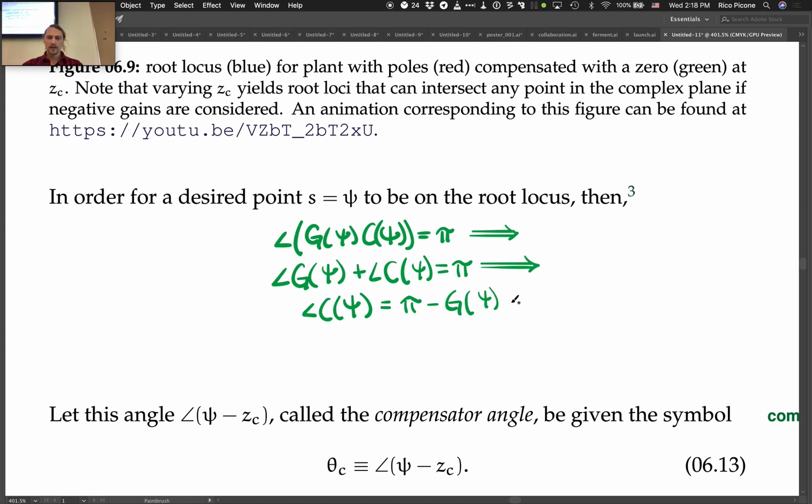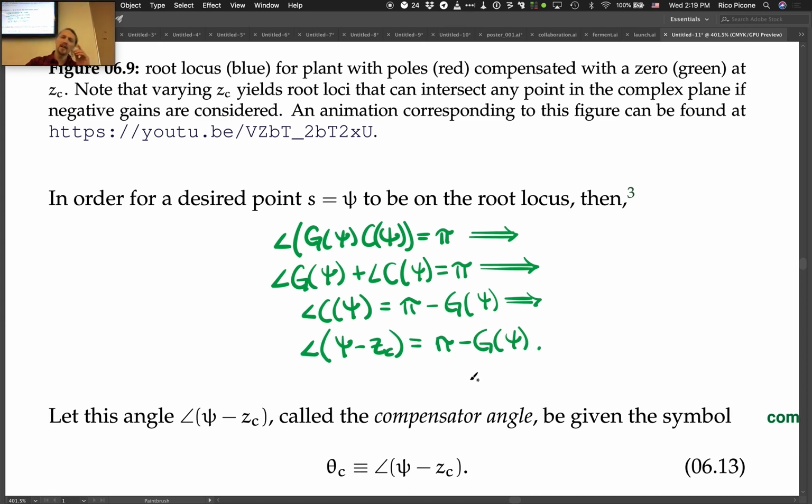And if we look at what is the angle contribution of the compensator, it's just going to be the angle contribution of the zero, right? The angle of psi minus ZC, the zero contribution, equals pi minus the angle of G of psi. So we call this angle the compensator angle.